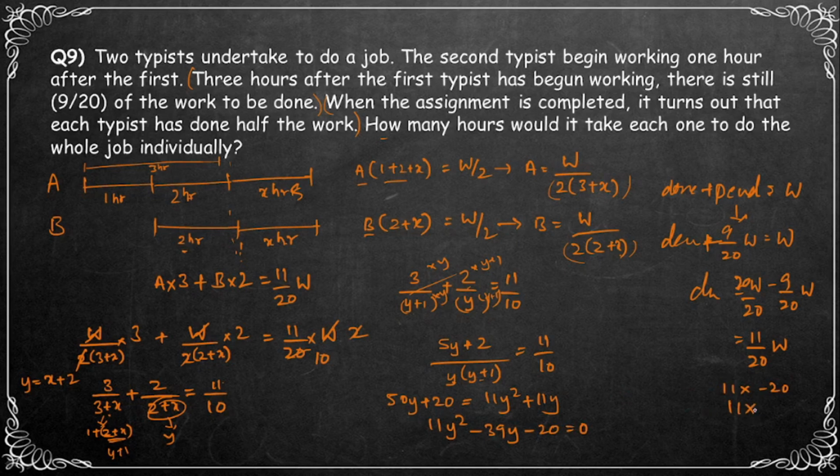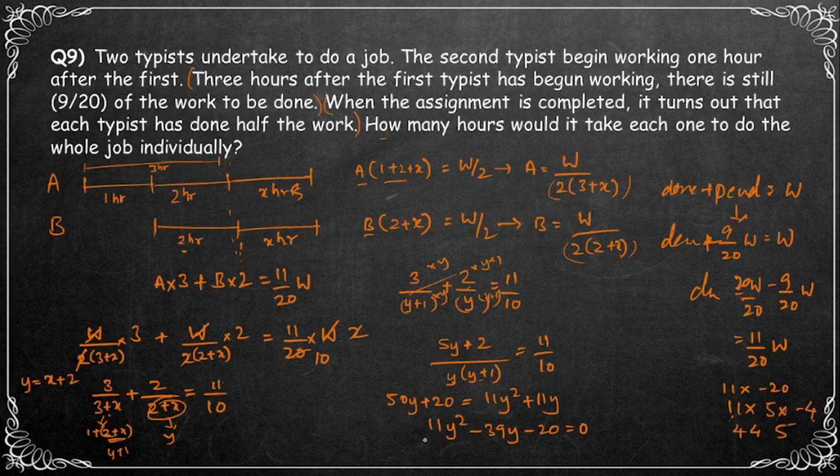We need 39, right? So we split this into 5 into 4. Okay, 11 5 is 55, 55 and 4, that also is wrong. So 11 into 4, 44 into 5. So this will work, right?